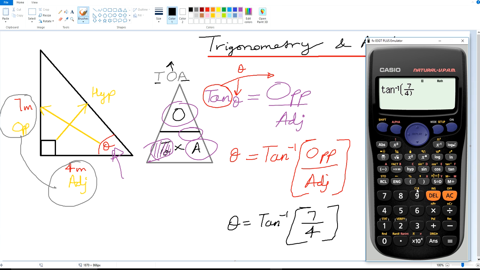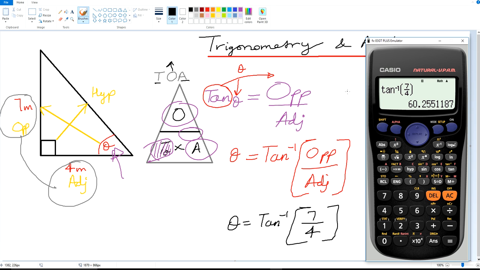Then you press the bracket. So tan -1, the bracket starts up. You put in the fraction button, type in 7, replay, 4, replay, and then the brackets again, and then we press the equal sign, and that gives us a lovely answer of 60.255.